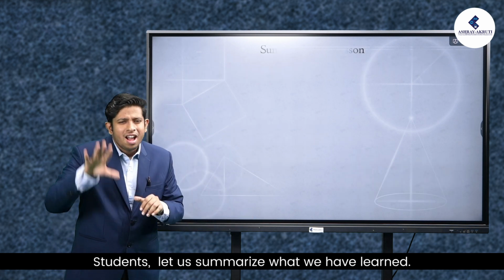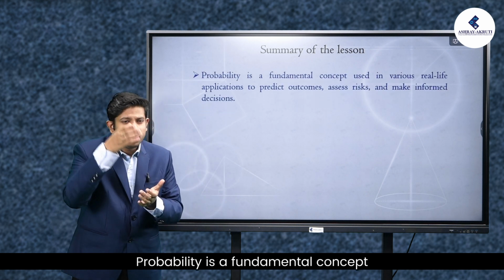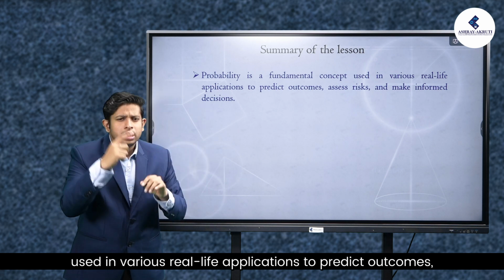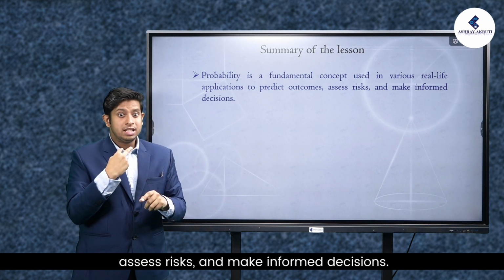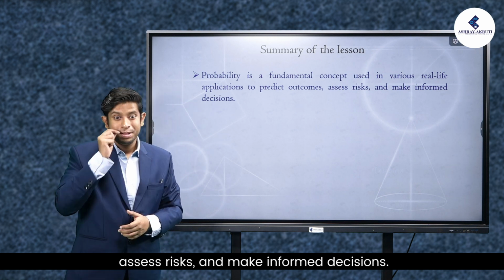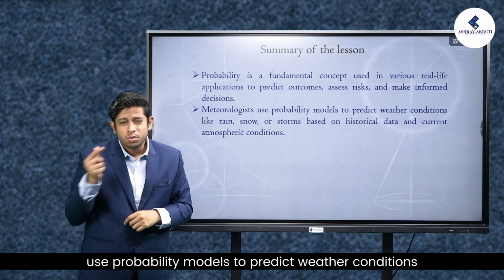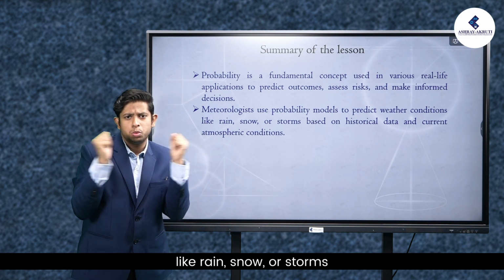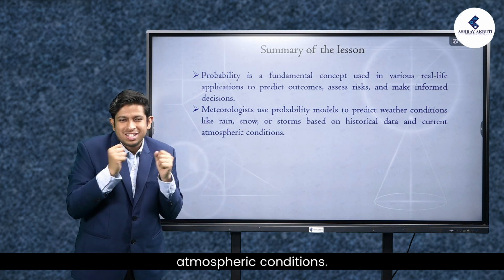Students, let us summarize what we have learned. Probability is the fundamental concept used in various real-life applications to predict outcomes, assess risk, and make informed decisions. Meteorologists use probability models to predict weather conditions like rain, snow, or storms based on historical data and current atmospheric conditions.